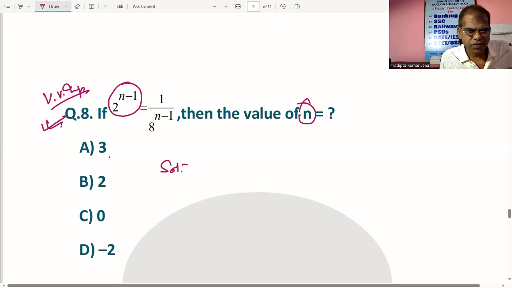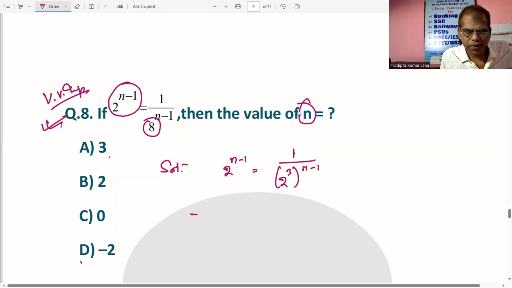The options are 3, 2, 0, minus 2. So look at the question. 2 to the power n minus 1 is equal to 1 upon 8, which we can write as 2 to the power 3 whole to the power n minus 1.